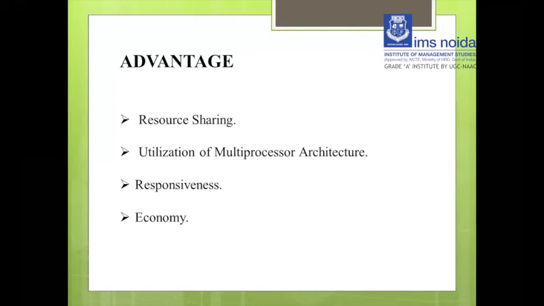Next is economy. In monetary terms, it is very cheap. It is more economical to use threads as they share the process resources. Comparatively, it is more expensive and time consuming to create processes as they require more memory and resources, because a process doesn't share a common memory area.